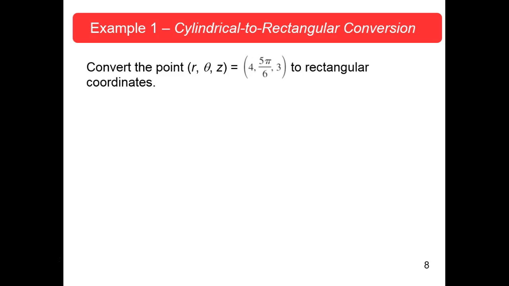If you're trying to convert to a rectangular coordinate system, your x would be what? 4 times the cosine of 5 pi over 6. So you can figure out what that is. 5 pi over 6 would be almost over here to 6 pi over 6, or pi. You're just pi over 6 short. And your x is negative over here, so that would be 4 times, I think a negative 2, isn't it?